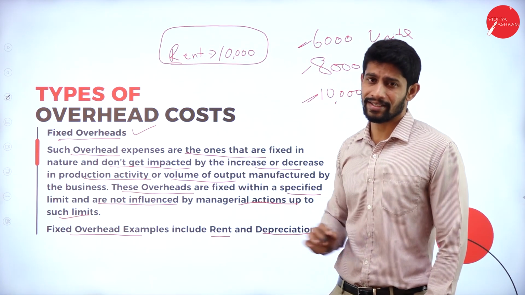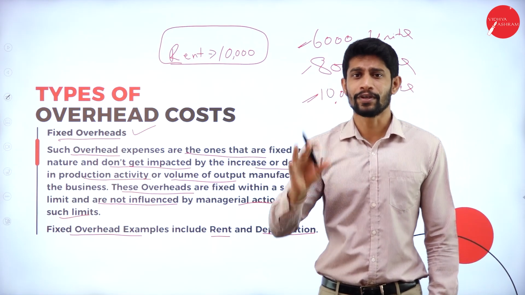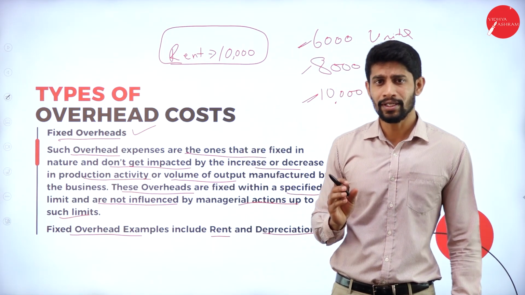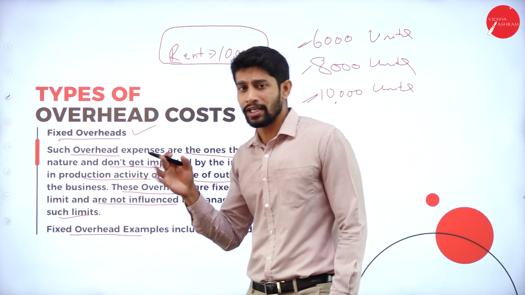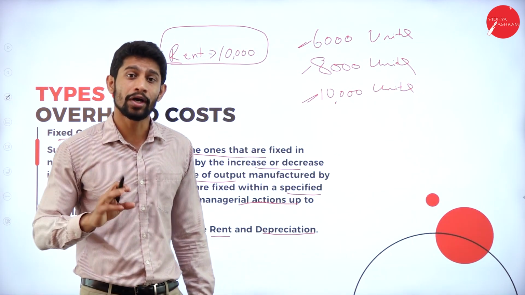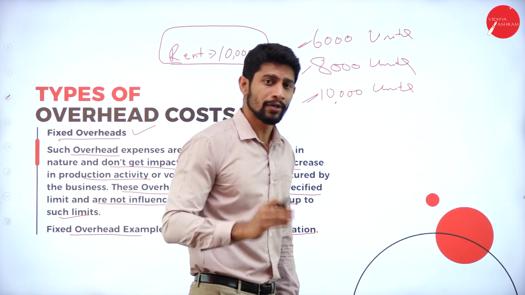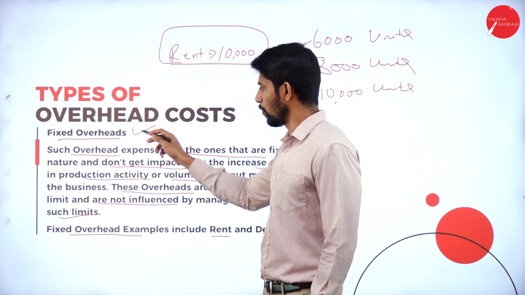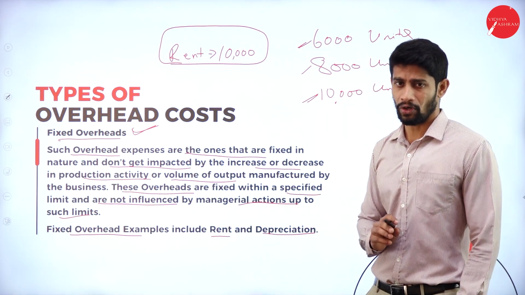So this rent is an expenditure, and it is fixed. You are supposed to pay 10,000 whether you are producing 20,000 units, 1 lakh units, or even if you are not producing the products at all. That is why the rent is called fixed overhead. I hope now you understood the concept.